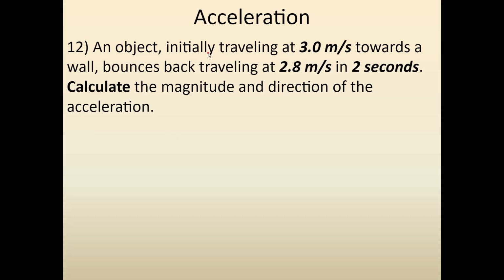And here, when the ball rolls towards the wall and then bounces back off the wall, that basically tells me that the ball goes from moving in this direction to moving in this direction. So of these two velocities, one of them has to be negative. It doesn't really matter which one, as long as I'm being consistent. So I can make the 2.8 negative and just remind myself that away from the wall is defined as negative.